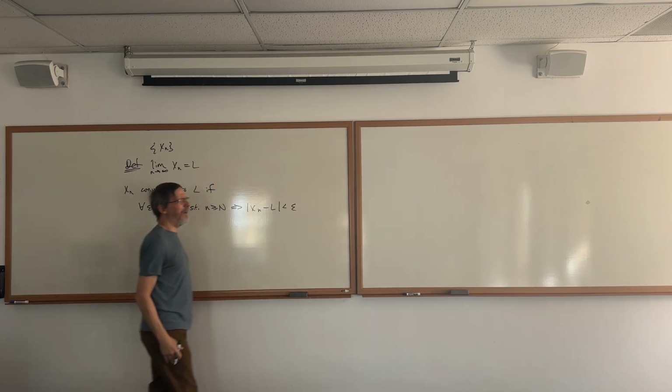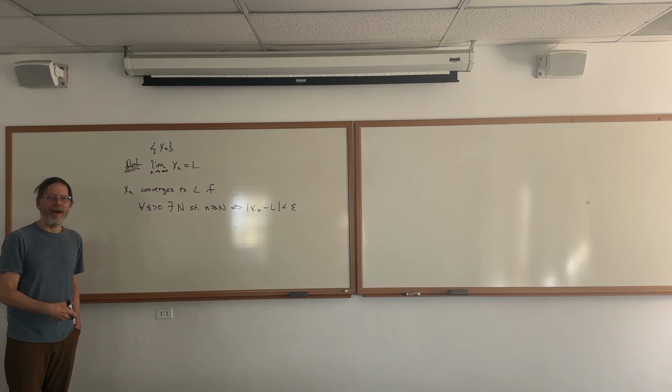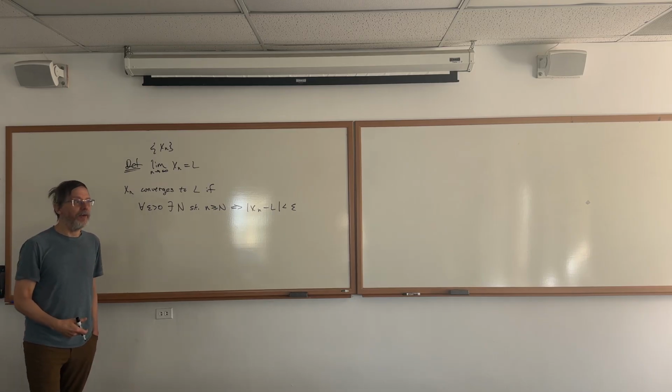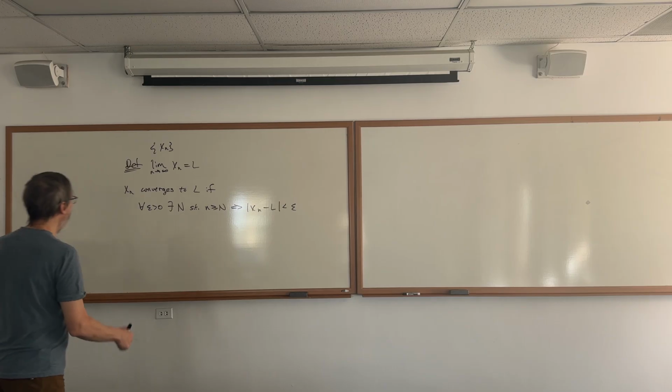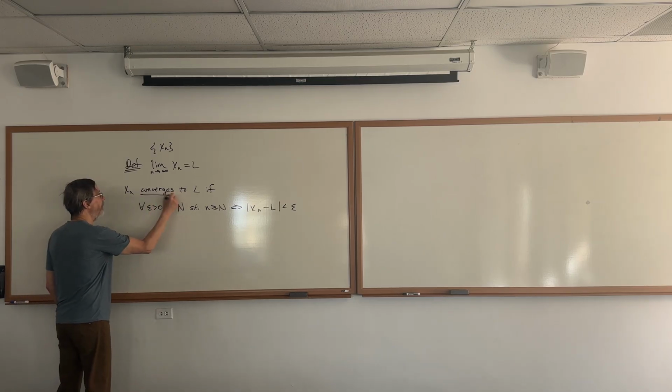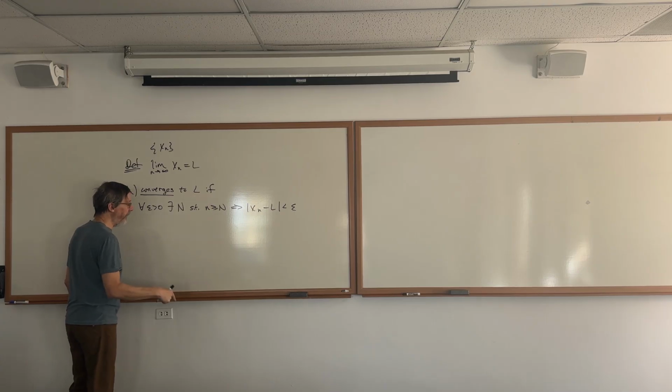That's so good. Beautiful. Well done. How are we feeling about that? We got that definition down? Awesome. So that's where we say the sequence x sub n converges to L if this happens.